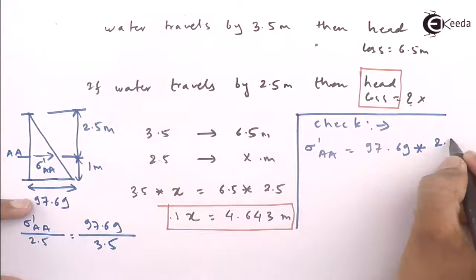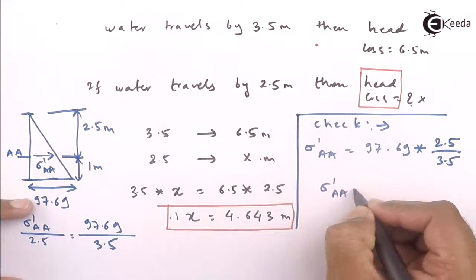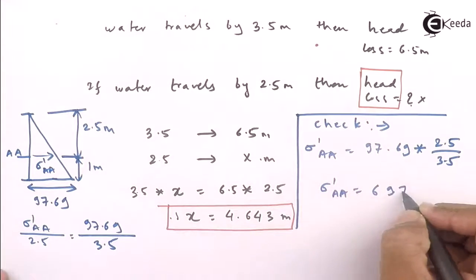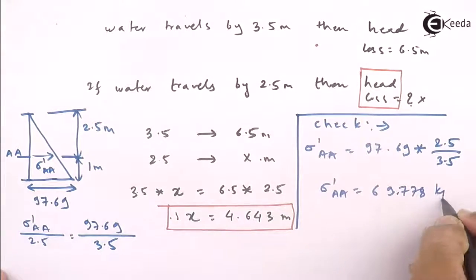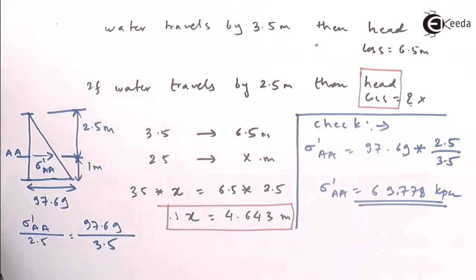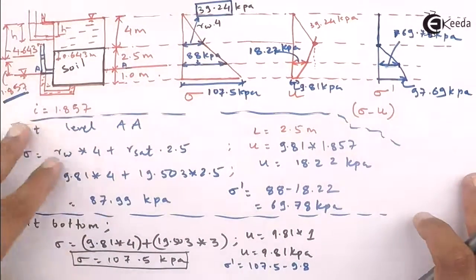So you will get sigma dash AA as 69.778, which is the same value as you got from your calculation of the pore water pressure at that level.